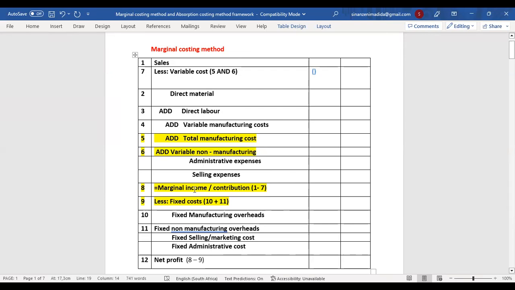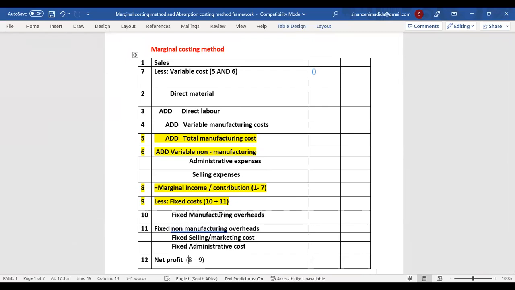So these costs which are changing, we call them variable costs. Then we have got these costs which are not changing, the fixed cost. The fixed cost, like rent, doesn't change. No matter how many units are being produced, if you produce 100 units or 1,000 units and you are renting a building, you are not going to be charged per unit produced, but your rent is fixed.